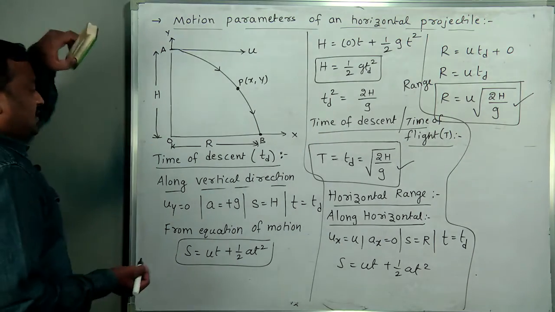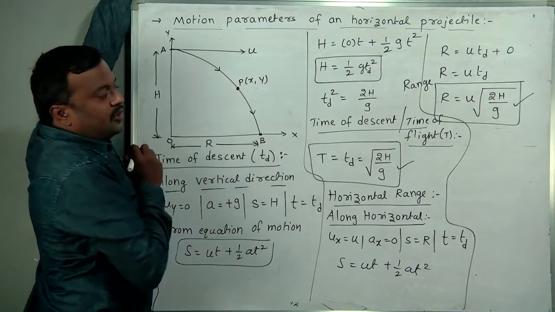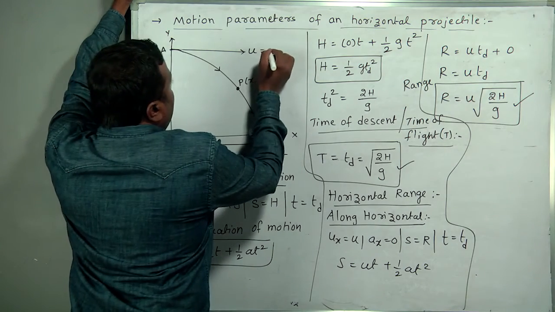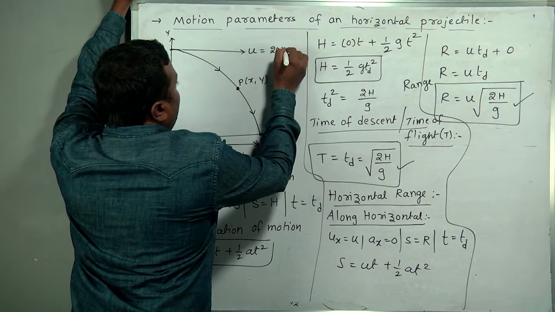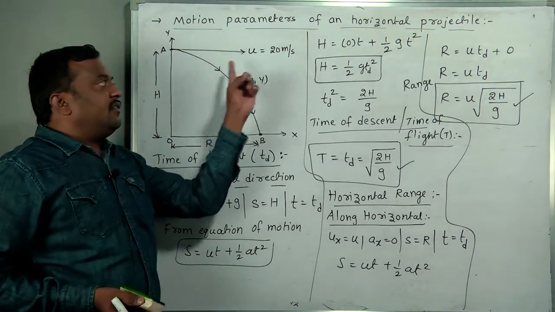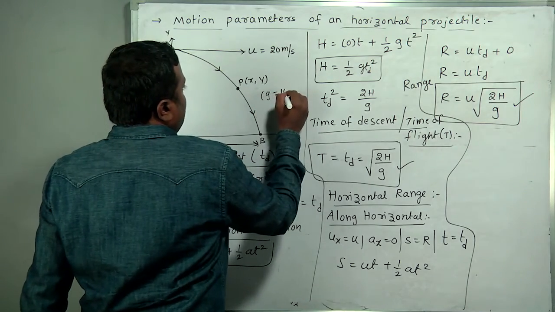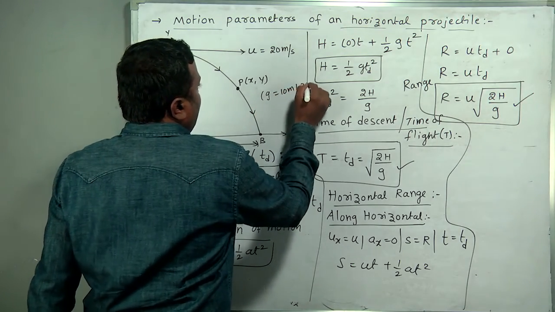See one simple example. Suppose a horizontal projectile is projected with an initial velocity of 20 meter per second, and g is taken as 10 meter per second square.